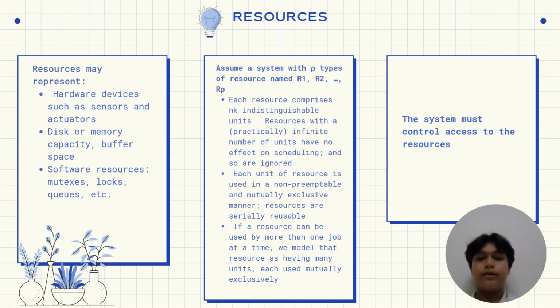Resources are serially reusable. If a resource can be used by more than one job at a time, we model that resource as having many units, each used mutually exclusively. And lastly, the system must control access to the resource.